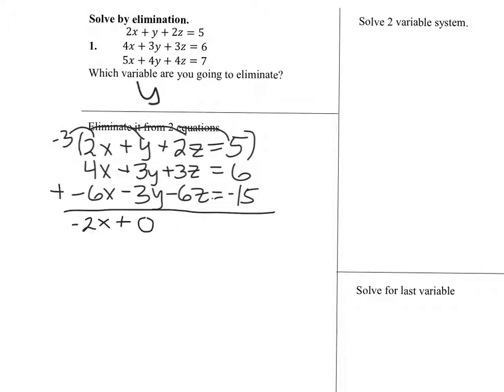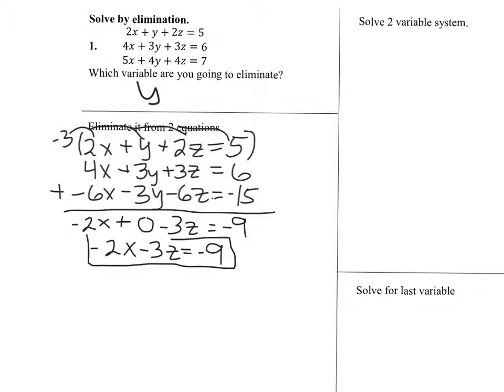And then a 3z plus a negative 6z is a minus 3z. And then last but not least, can't forget the far right side. We have 6 plus a negative 15, that's negative 9. Alrighty, now what I'm going to do is write it without the 0. And then I'm going to box it in for later.